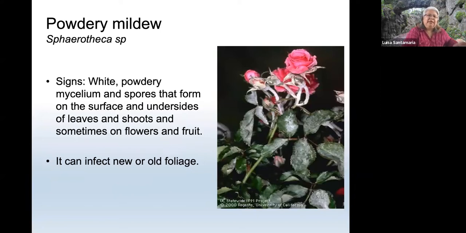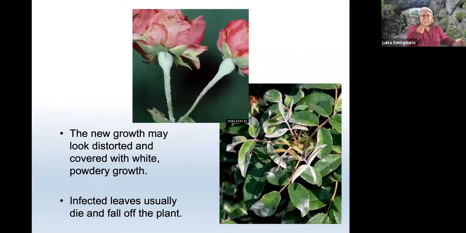The one example here is Sphaerotheca, the genus related with roses. And as I said, the signs will be this white and powdery mycelium and spores that form under the leaves, under the surface. Of course, usually it will affect new foliage, but old foliage could be affected too.